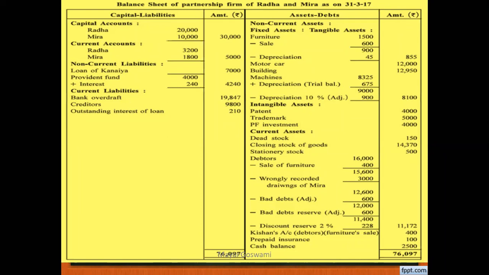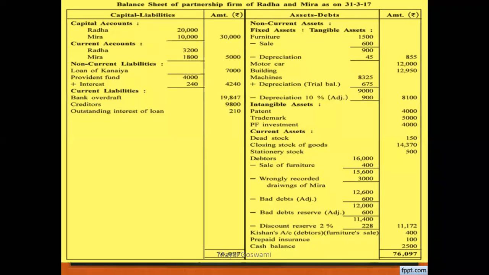So again we add it back to the provident fund. So come to the provident fund on the liability side, please add interest on investment of PF, which is given here 240. Total in the outer column 4,240.